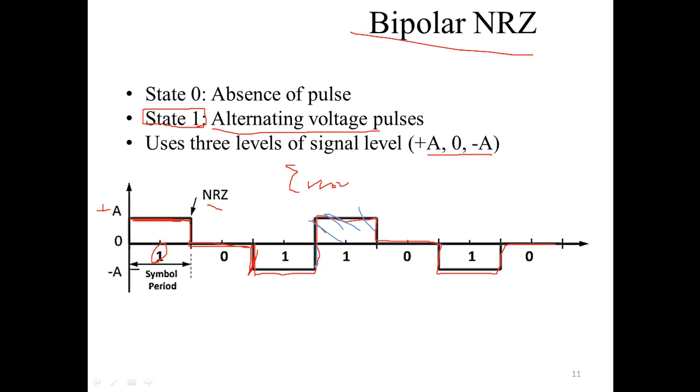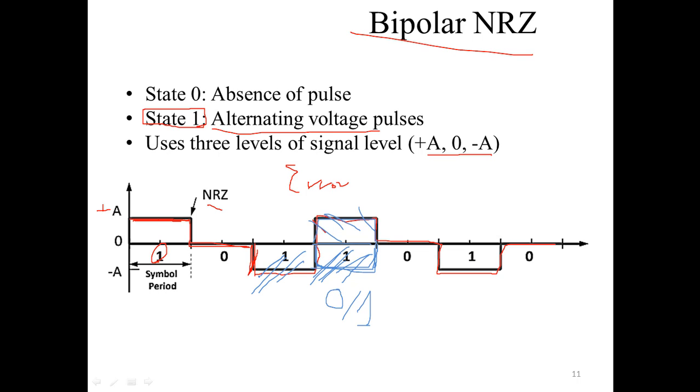Let's say you get this straight line. It will be very clear to you that there is some kind of error in this, because you know that if it was 0, this should be a straight line, and if it was 1, it should be on the upper side. But you received it at this side. So you will instantly know that there is some kind of error here or here.